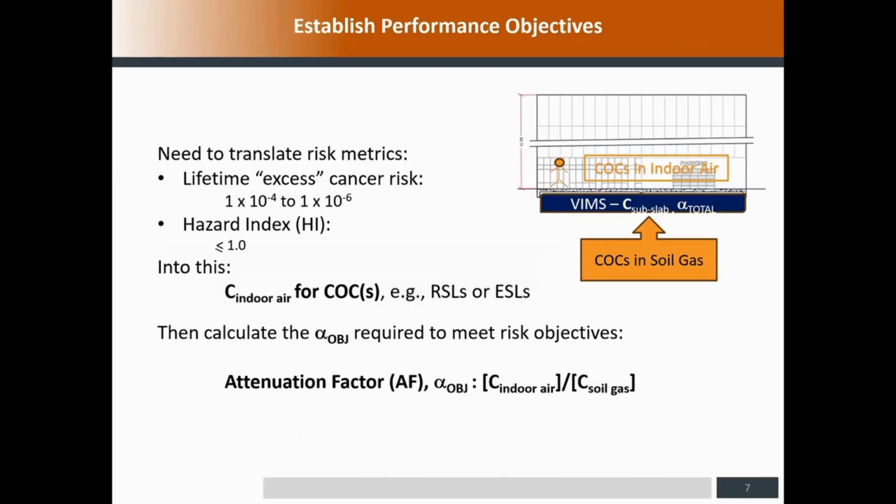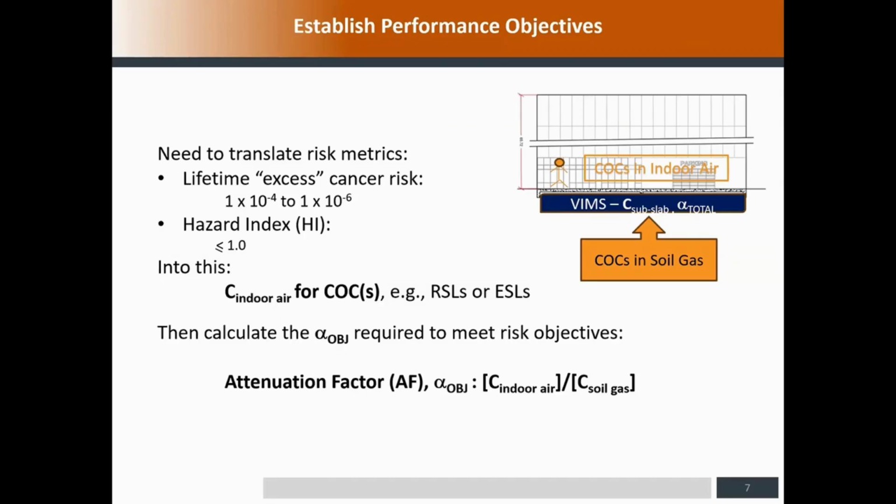And I think a lot of folks are familiar with the concept of an attenuation factor, which is simply the ratio of the concentration in indoor air to the concentration in soil gas. And very simple graphic here.